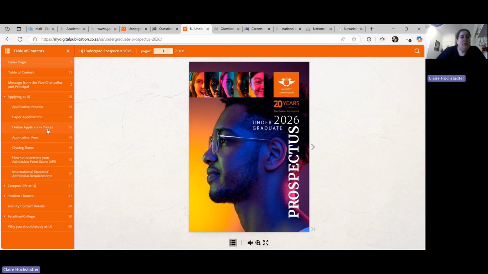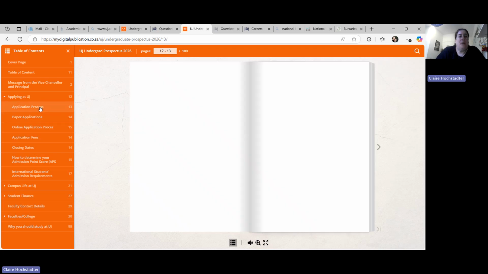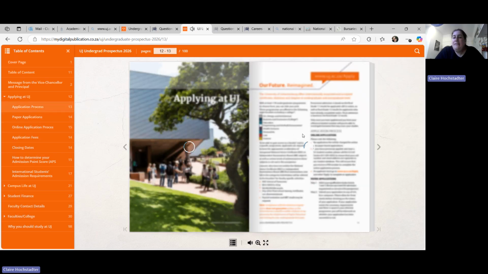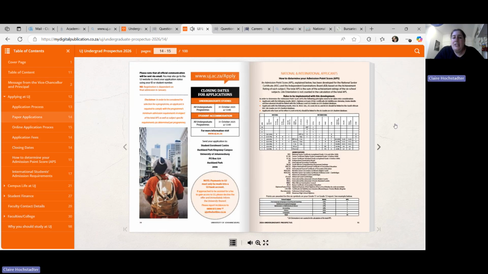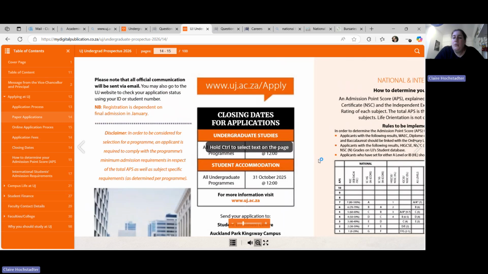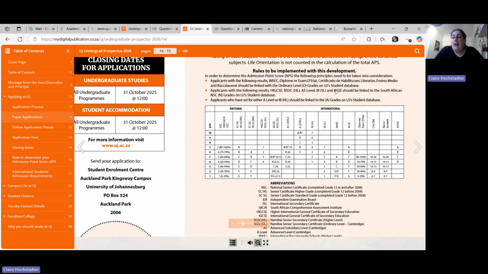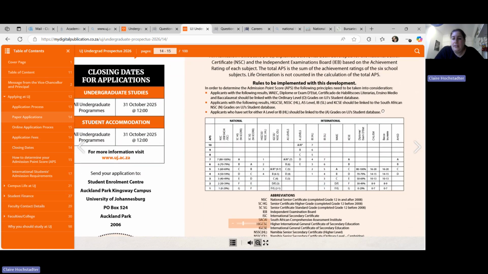And one of the things that we were looking at, and I'll go back to application process here, is that it really does talk you through what you need to do. So page 14 and page 15 is where we are going to focus today. And that is because we do want to now work out our APS score for UJ.